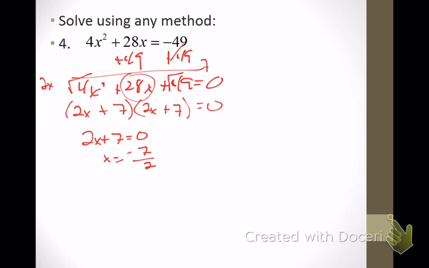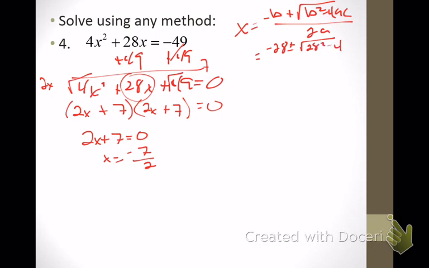While we're here, I want to show you what would happen if you used the quadratic formula to solve this, right? Because I don't want you to freak out when you see it. So b is 28, so you get negative 28 plus or minus the square root of 28 squared minus 4 times 4 times 49, all over 2 times 4, which is 8.